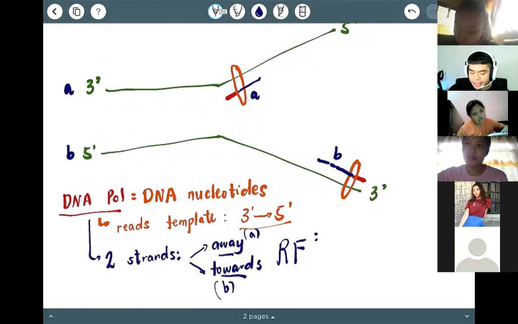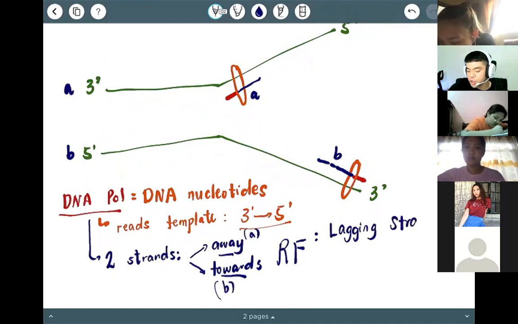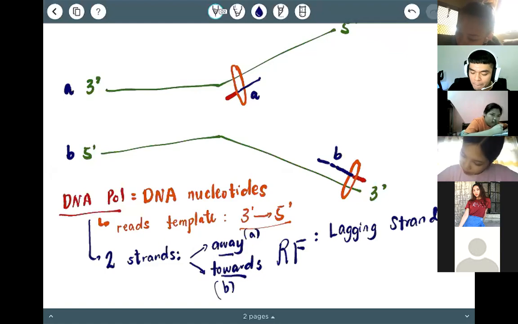Ang tawag natin sa strand that forms away from the fork, ang tawag dito lagging strand. So I repeat, kapag away from the fork, yung nagagawa palayo ng fork, that is called the lagging strand.